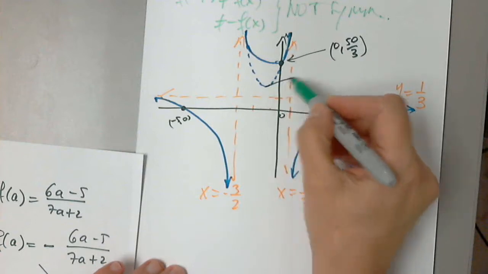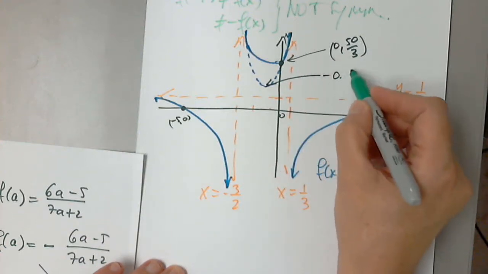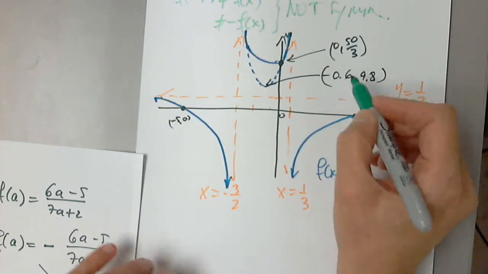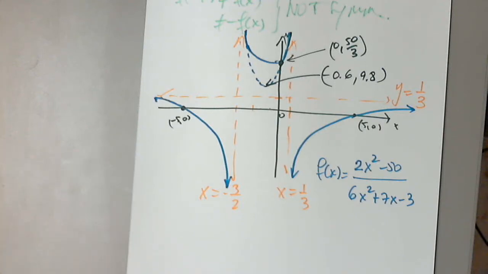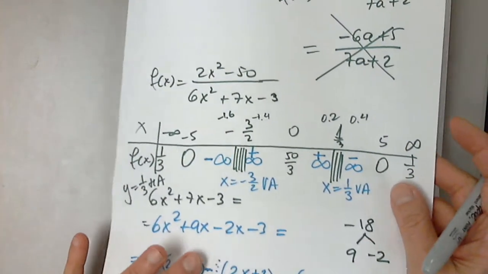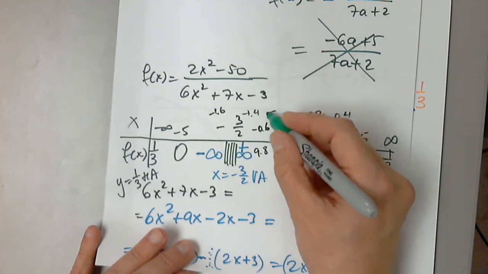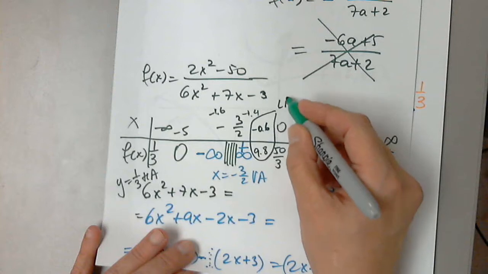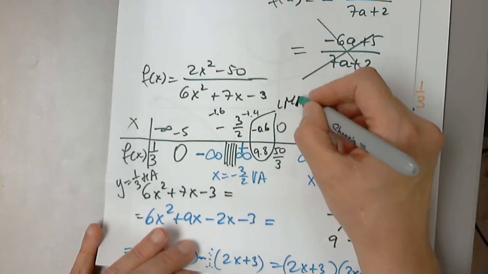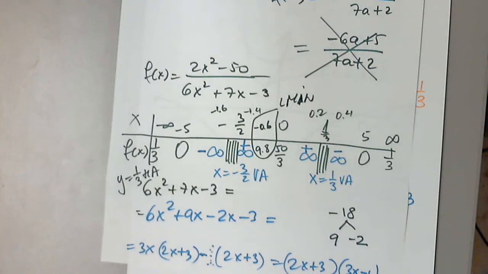So as expected, -0.6, 9.8. And I will put that in the table. That's the last thing I need in the table. So it's right here. So -0.6 and 9.8, and I will say local min.